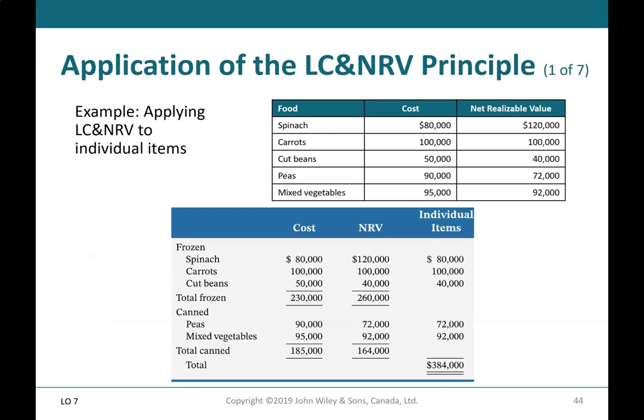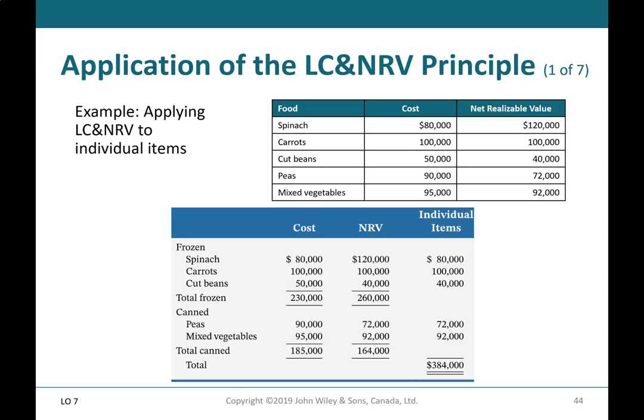Application of the lower of cost and net realizable value principle 1 of 7. Applying LC and NRV to individual items. So we have spinach, carrots, cut beans, peas, and mixed vegetables. We have the cost and the net realizable value listed for each. So when we look at the spinach, cost is the lowest.